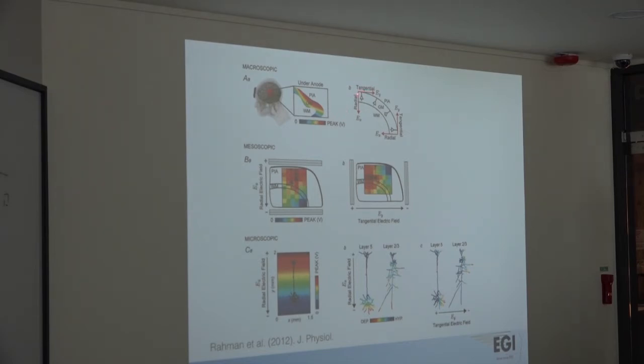So if this is the motor cortex, and this is layer 1, and this is layer 6, we pass cathodal current, meaning positive current goes from the bottom to the top. What happens? The top becomes depolarized, okay?